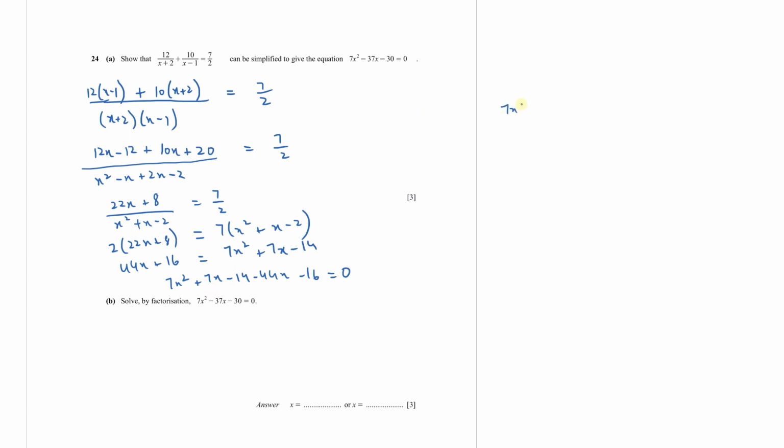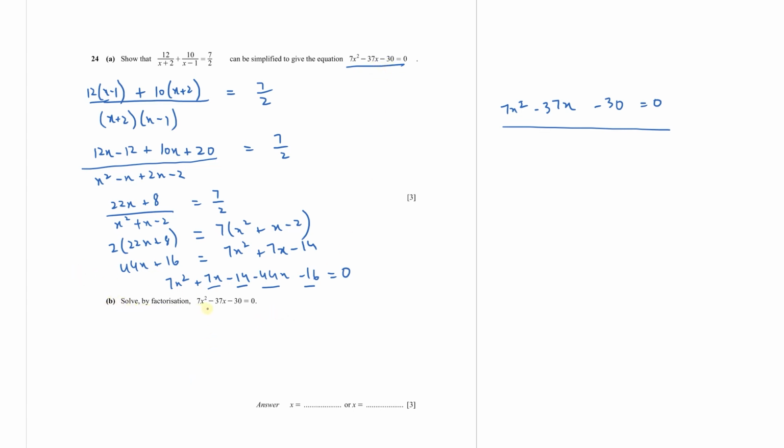So I have 7x squared plus 7x minus 44x. So this will be minus 44 plus 7 will give me minus 37x. And then this minus 14 minus 16 will give me minus 30 equals 0. So this equation is exactly the same as this, 7x squared minus 37x minus 30 equals 0.